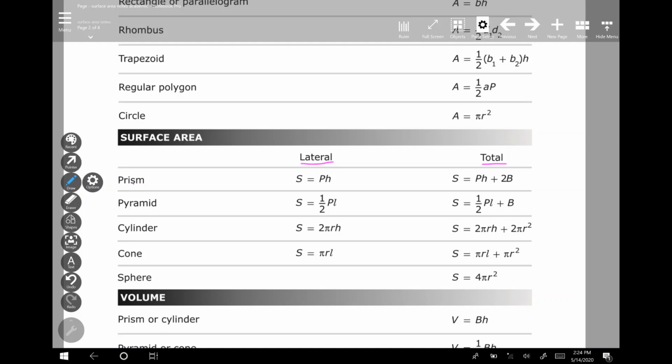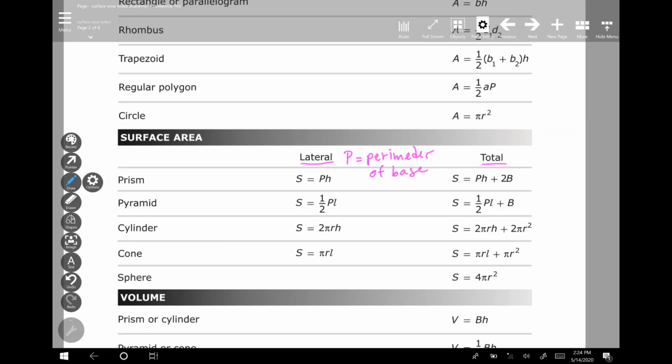So for a prism, pyramid, okay, for prisms and pyramids, you'll notice we have these letters here, capital P, okay? Capital P is the perimeter of the base.